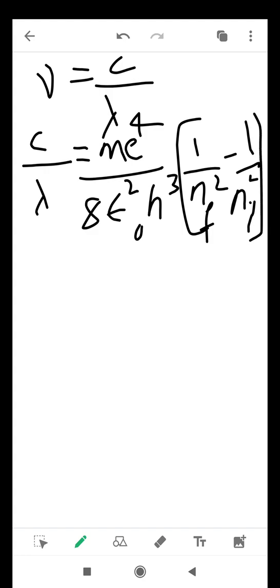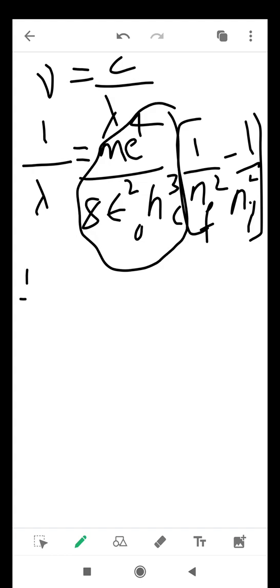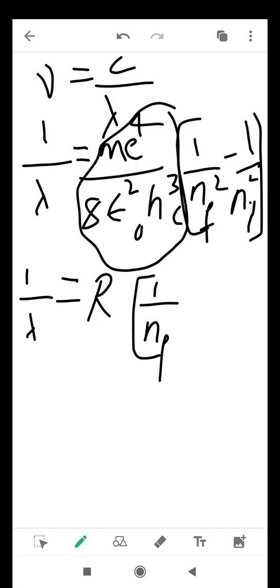So now we get the value for only 1 by lambda. Therefore 1 by lambda is equal to m e raised to 4 divided by 8 epsilon naught square h cube c into 1 divided by n_f square minus 1 divided by n_i square. Now this term is constant, the value of that is said to be the Rydberg constant. So R times of 1 divided by n_f square minus 1 divided by n_i square.